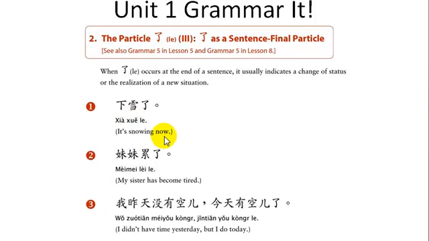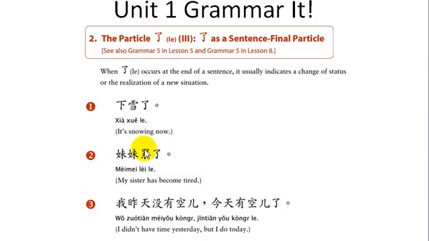Okay, it's snowing now. Okay, so the 了 is saying, hey, a moment ago it wasn't snowing, but now it is. Okay, 妹妹累了. Okay, so my sister wasn't tired a moment ago, but now she is. She's just become tired. 妹妹累了.